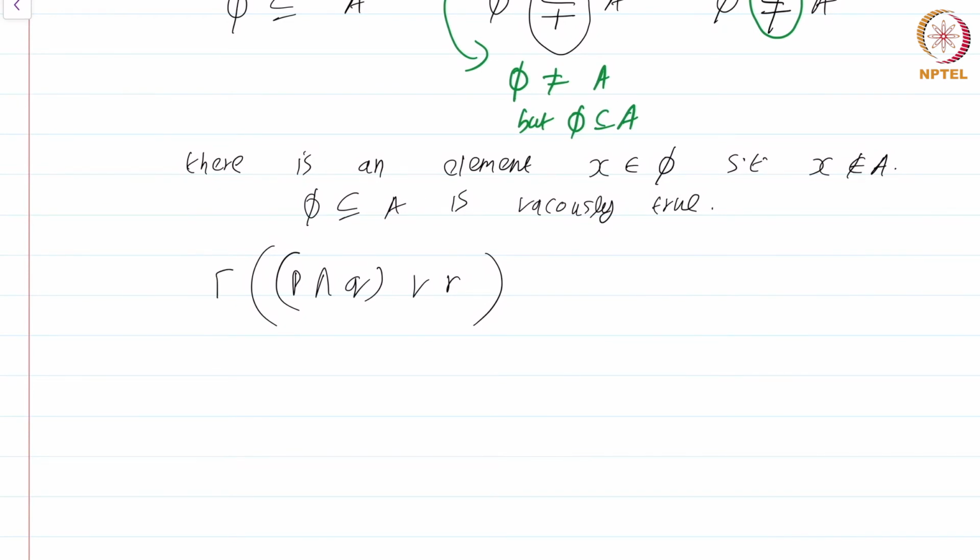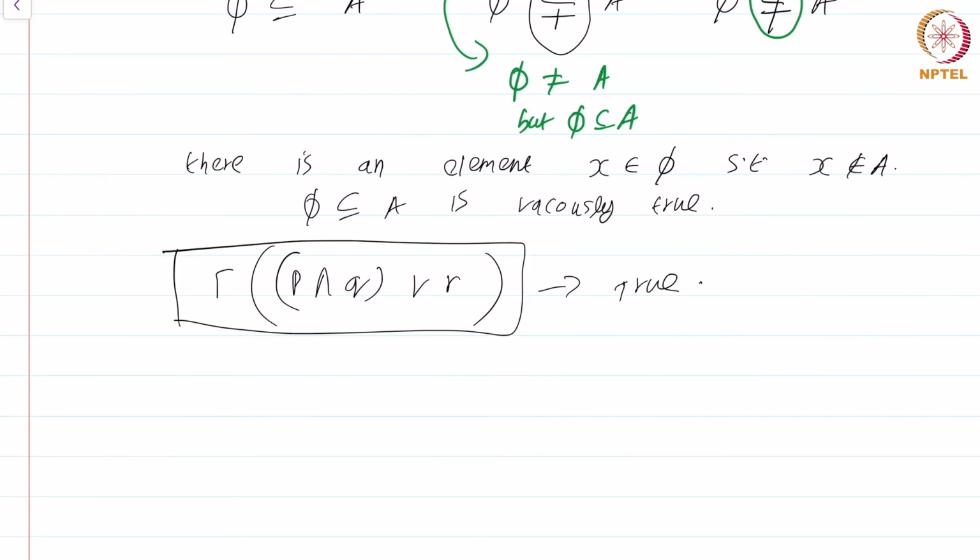Well, what does it mean for such a statement to be true? What it means is that irrespective of whether P is true or false, Q is true or false, or R is true or false, this statement should be true. Then we can say that this is a true statement irrespective of what truth values P, Q and R take. Such a statement is called a tautology.